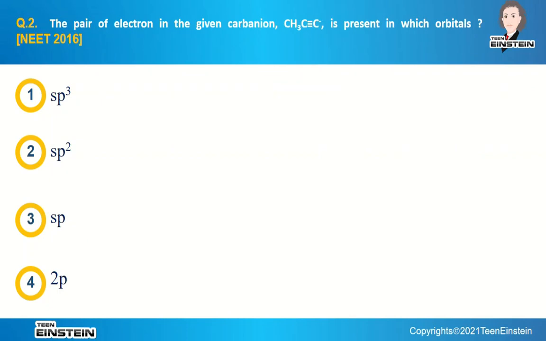The pair of electrons in the given carbanion is present in which orbital? So first we write down the carbanion, CH3 C triple bond C. Here the anion, that is the lone pair of electrons, is obtained from CH3 C triple bond CH.